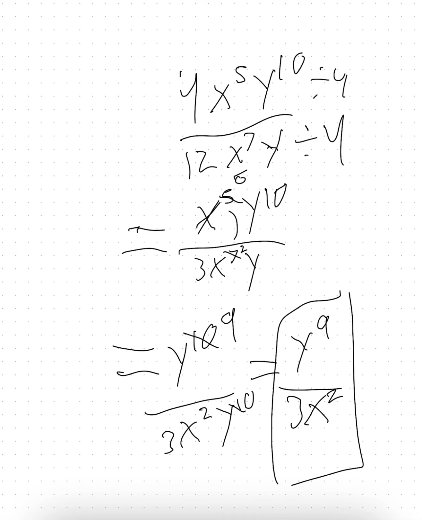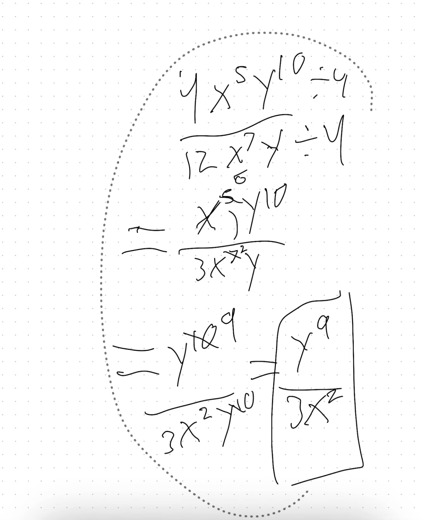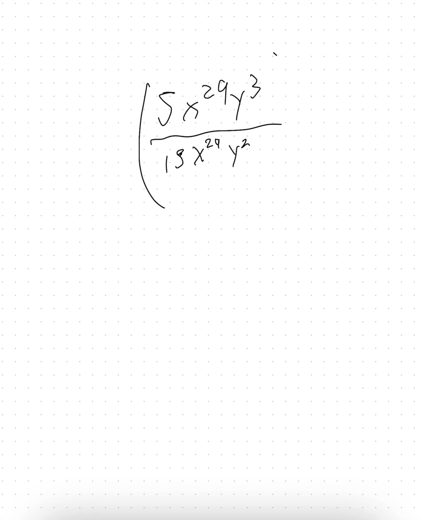Now let's erase all this. Let's do another one. Let's do something like 5x to the 29th y cubed over 15x to the 29th y squared, which is all raised to the 3rd power.